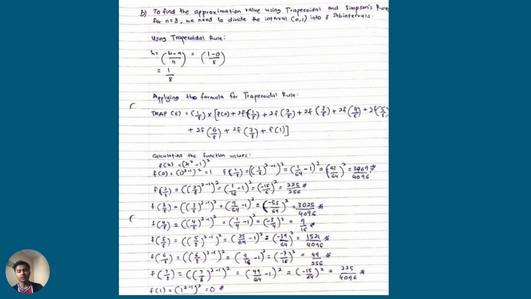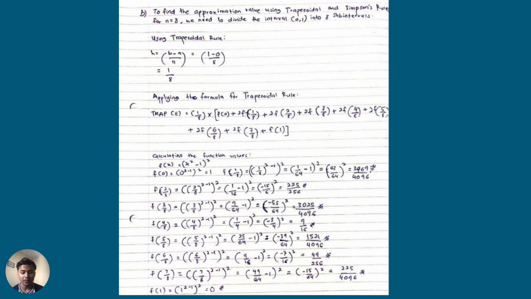And the next step is f(3/8) equal ((3/8)^2 - 1)^2 and equal with (9/64 - 1)^2 and equal with (-55/64)^2, and the last answer is 3025/4096.